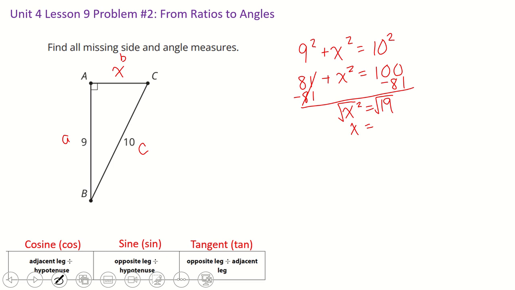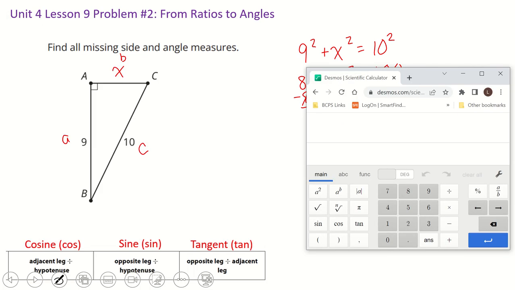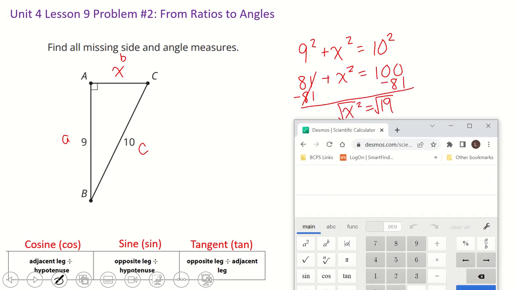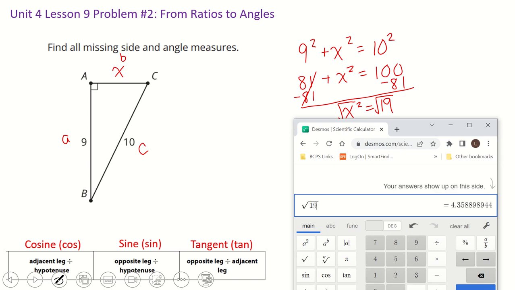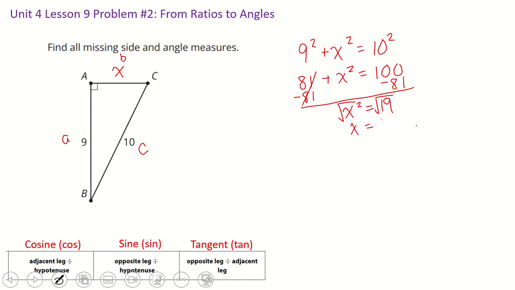So I do need a calculator for this, so let's just pull up Desmos and we're going to do the square root of 19. And it tells us it's 4.35 with a bunch of other numbers. I'm going to round it to the tenths place, so I'm going to call this 4.4. Okay, so I have calculated that side length A to C is 4.4 units.